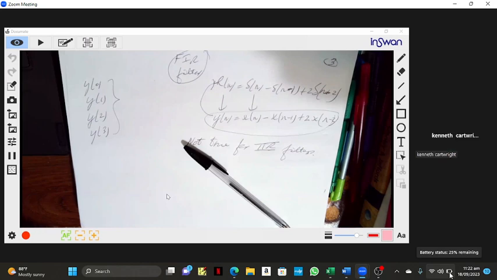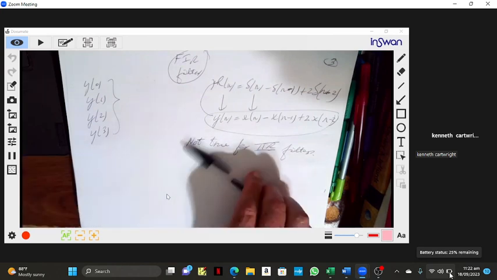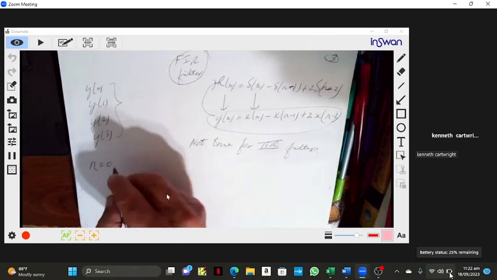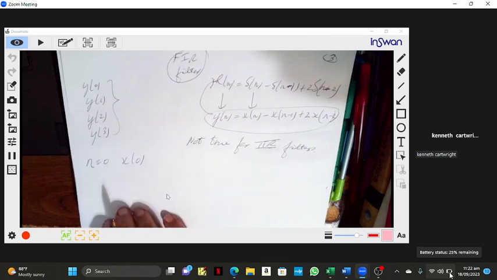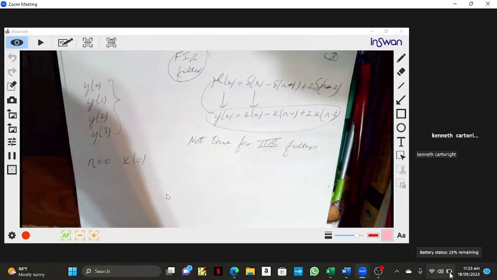No. You're going to use the n values to find the input signal. At n equals 0, you're going to find x of 0.